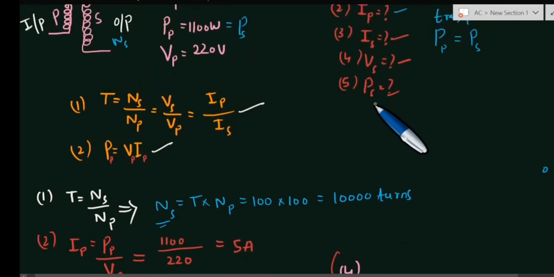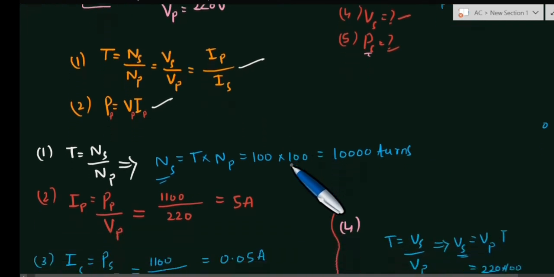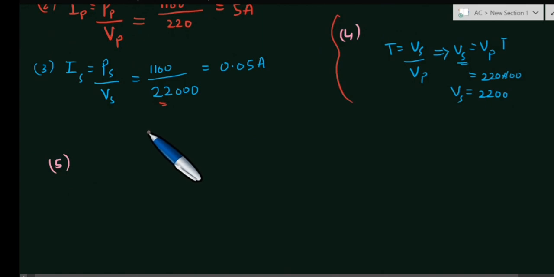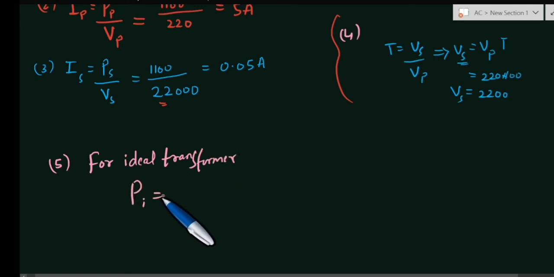What is the value of power at the output side? Power at the output side we can calculate: Ps is equal to Vs Is. Since we have a note that for an ideal transformer, power at the input is equal to power at the output, that means power at the primary is equal to power at the secondary.